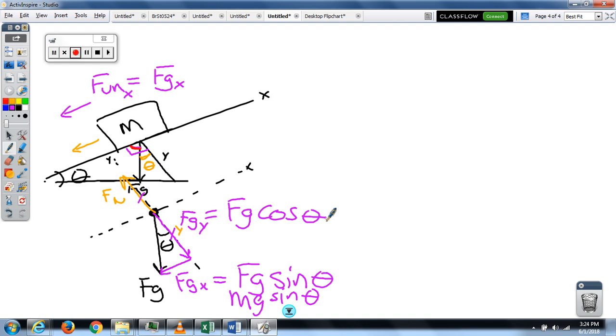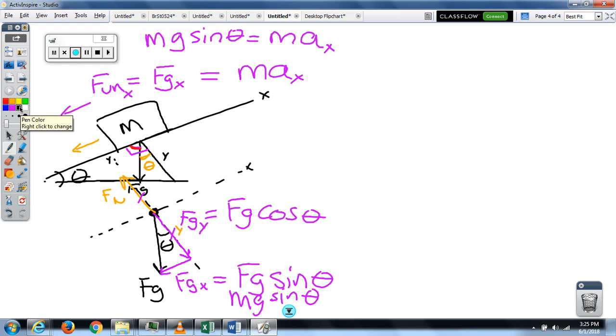This is equal to ma in the x direction, but because Fg equals mg sine theta, as it is the case when gravity is the force that is causing the acceleration, these masses cancel, and you get that the acceleration equals g times a fraction, which is that fraction you would determine by using sine of the angle.